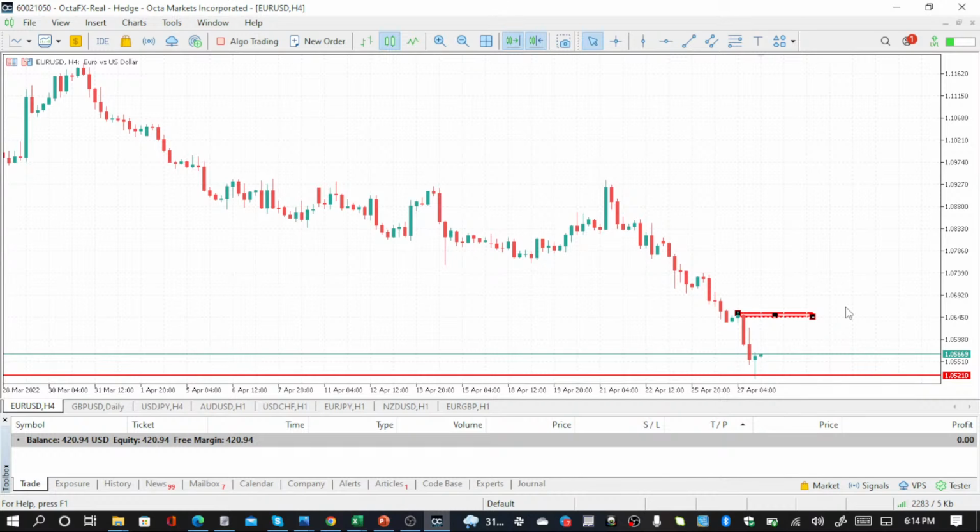But if it gets to this level and is rejected, or if it doesn't get to this level and is rejected, then there is more room to sell. The sellers are more willing to sell than buying at that position.